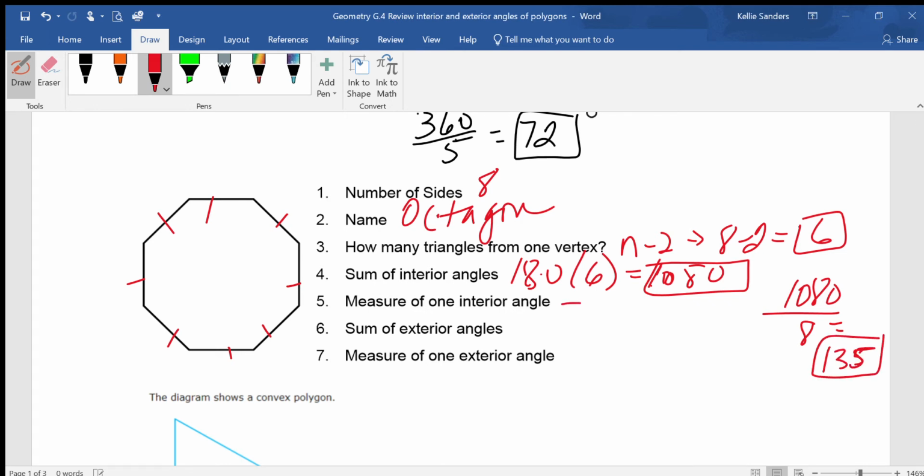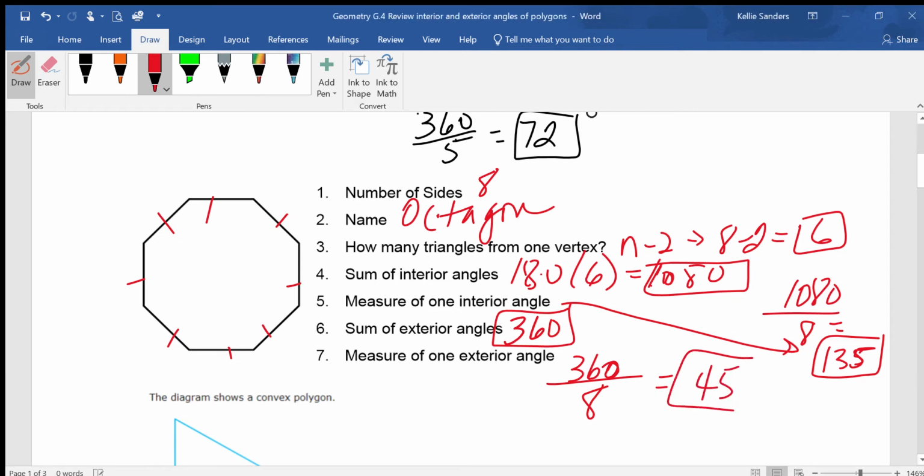Okay, that's this one. Sum of exterior angles, 360. There's no math on that one, is there? But if you have 8 exterior angles for a regular octagon, what would we do? We would take 360 divided by 8 and get 45. I knew that. Okay.